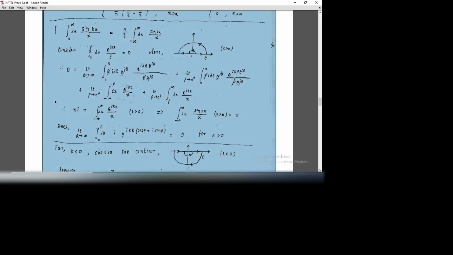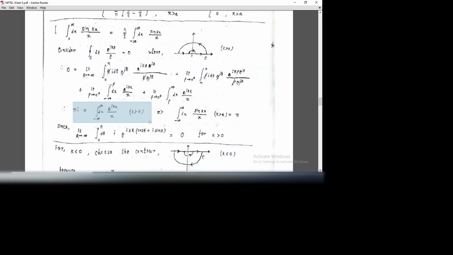Okay, 0. And now this is the result from the small semicircle. The integration is very easy. After doing the integration, I have also taken this to the other hand side. So this is the result of the integration.